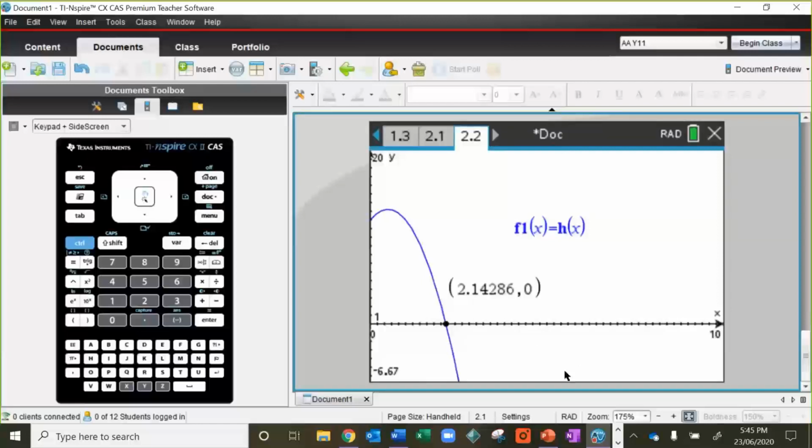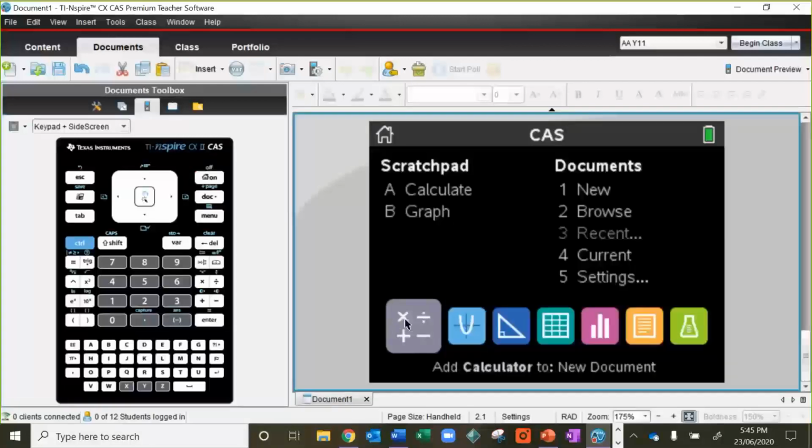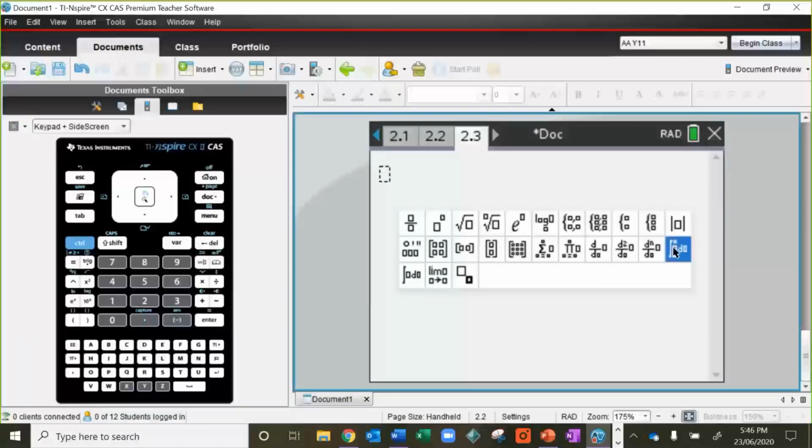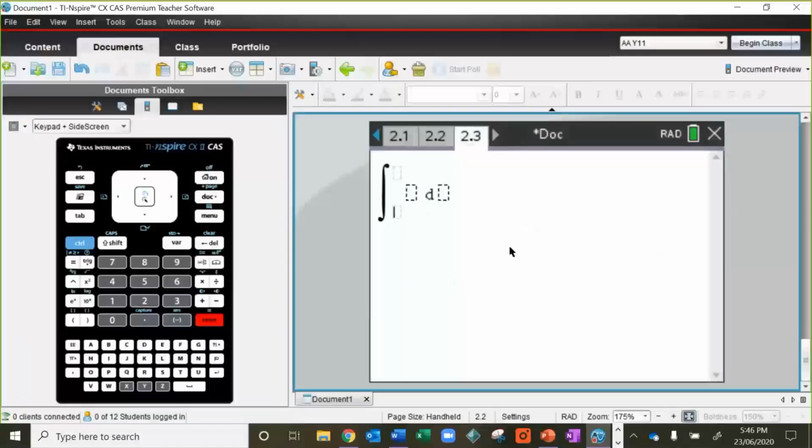We can, in a similar way, find the distance and displacement after 1.5 seconds. So if I go from 0, and again, instead of 1.5, I will enter 3 over 2 to get the exact values. For displacement, it is a definite integral.